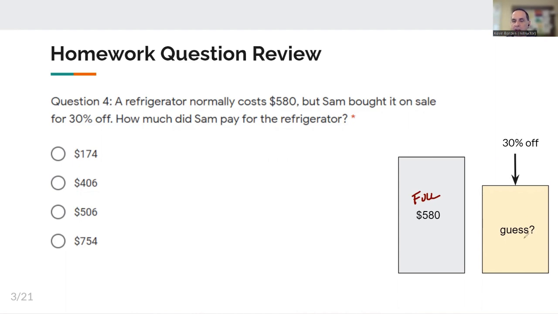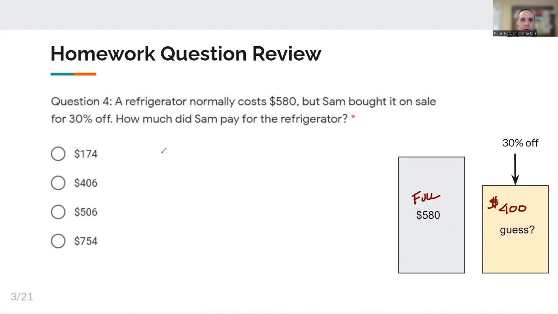And I wrote the word guess in there because sometimes it's a good idea to just use your intuition and say, I'm not grabbing my calculator yet to figure out the exact amount. I just want to guess. So I would say if I'm paying 30% off, maybe $400 sounds right. But now let's do the work. I'll show you the reason why you might want to do that guess in a moment.